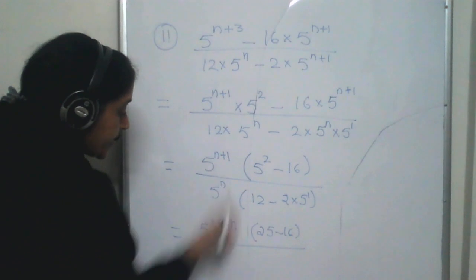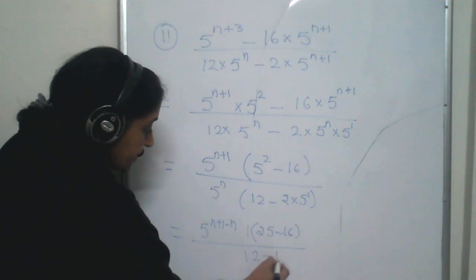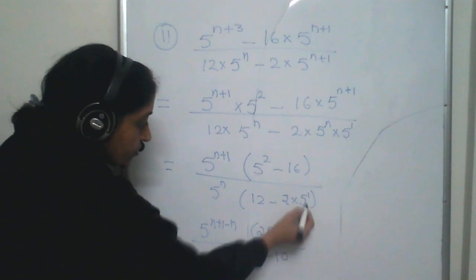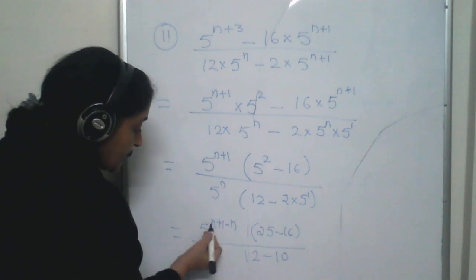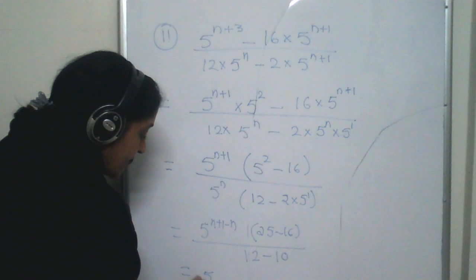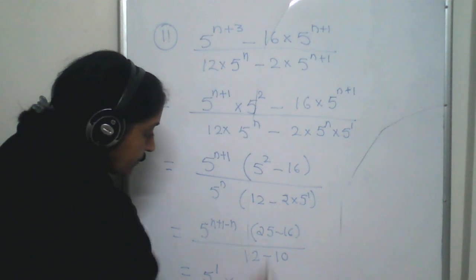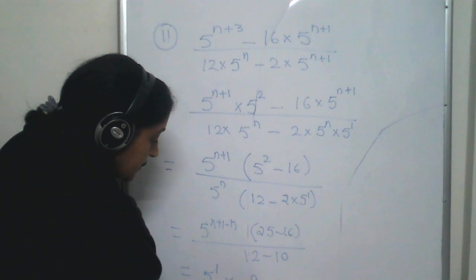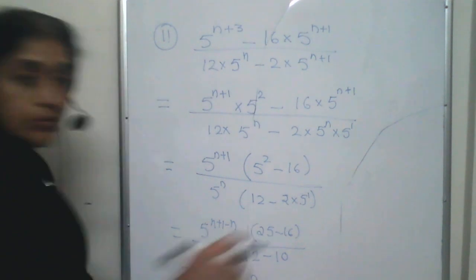This n has already gone up, so we don't have to write this. This will be 12 minus 10, because 5 2s are 10. So here n minus n plus 1 will get cancelled. You will have 5 to the power 1 into 25 minus 16 is 9, upon 2.